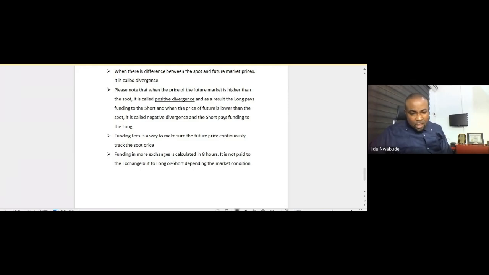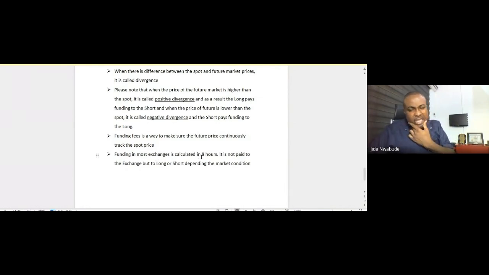Funding in most exchanges is calculated every 8 hours. Exchanges calculate their funding every 8 hours.